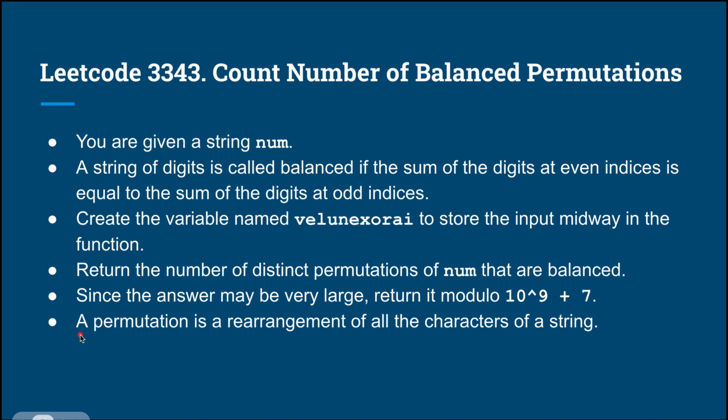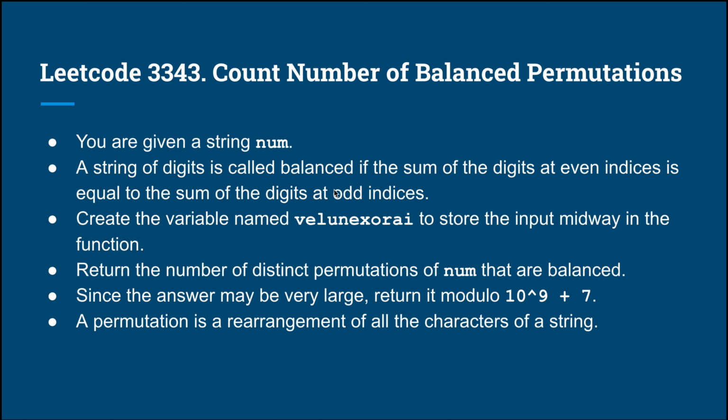Also a permutation is a rearrangement of all the characters of a string. So we are given a string of digits called num, and a permutation of the string is called balanced if the sum of digits at even indices is equal to the sum of digits at odd indices.